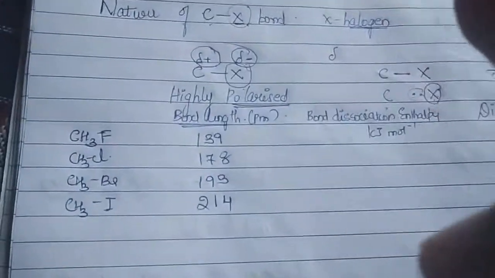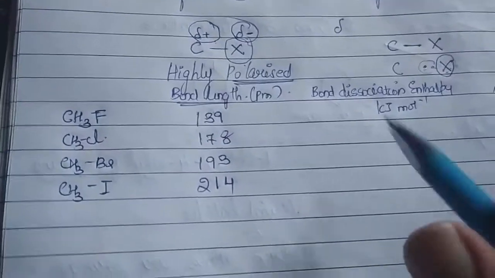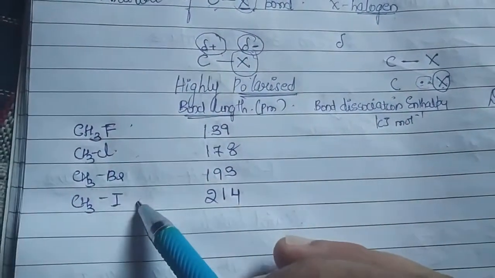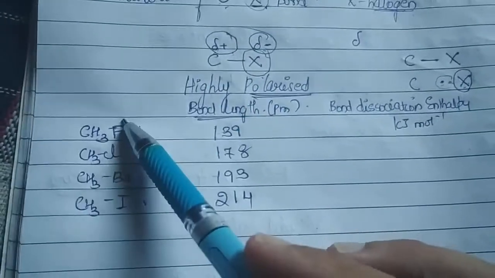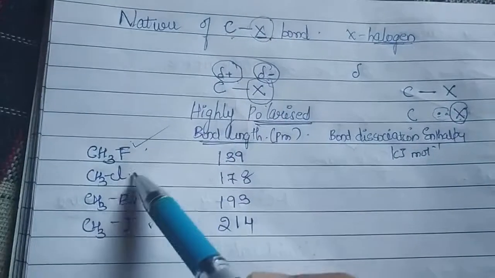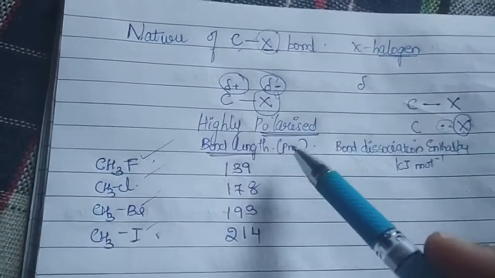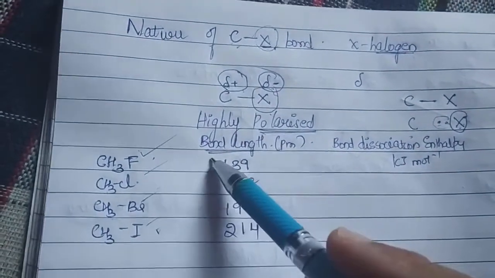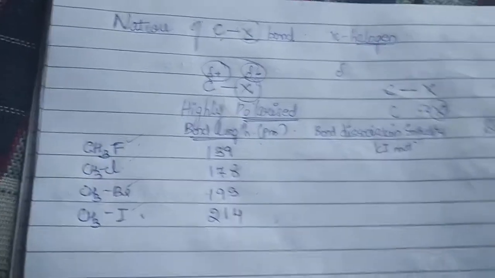So what is the general trend we are observing? As we move down the halogen group, first fluorine, chlorine, bromine, iodine, the bond length goes on increasing.